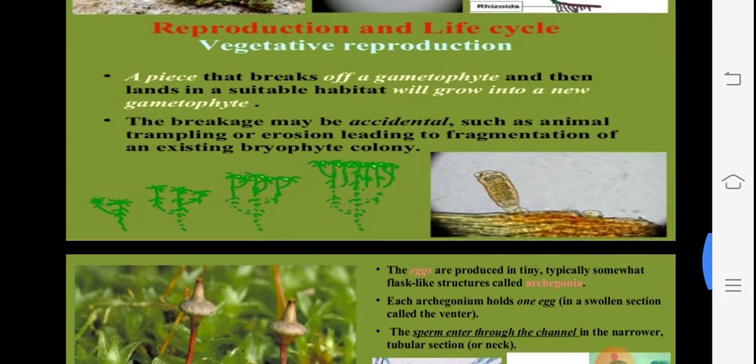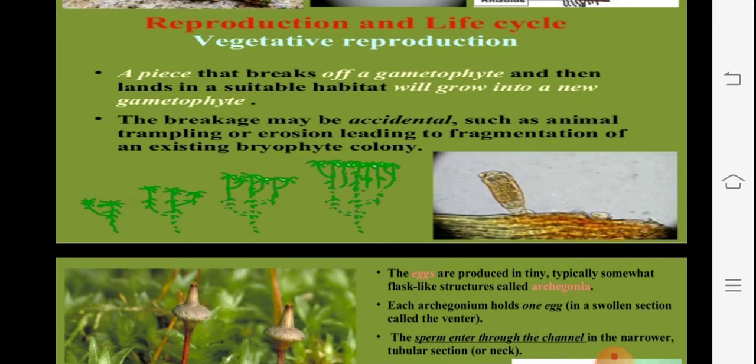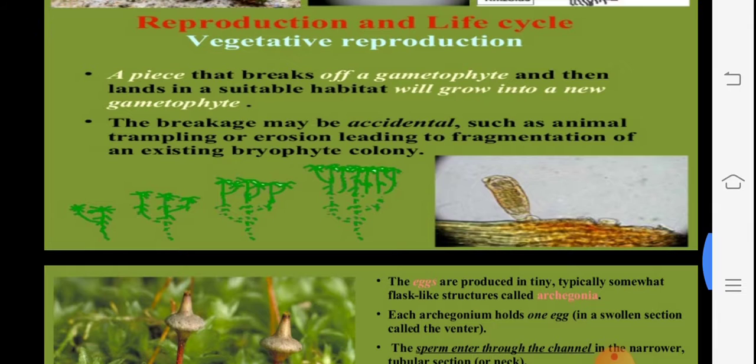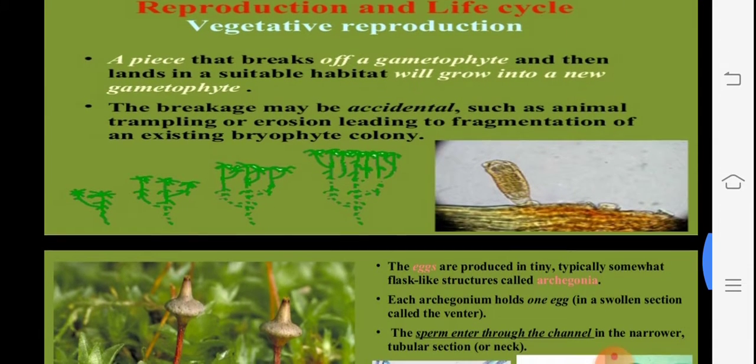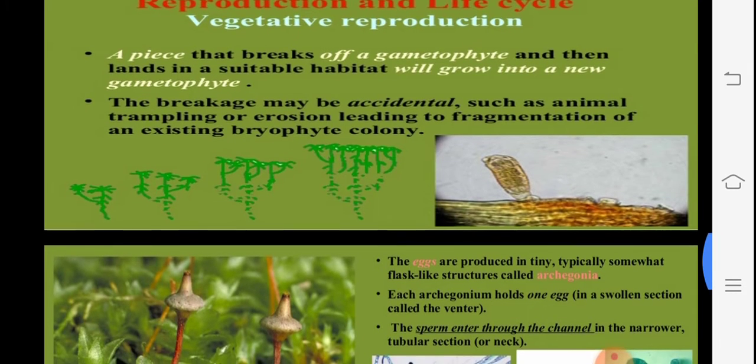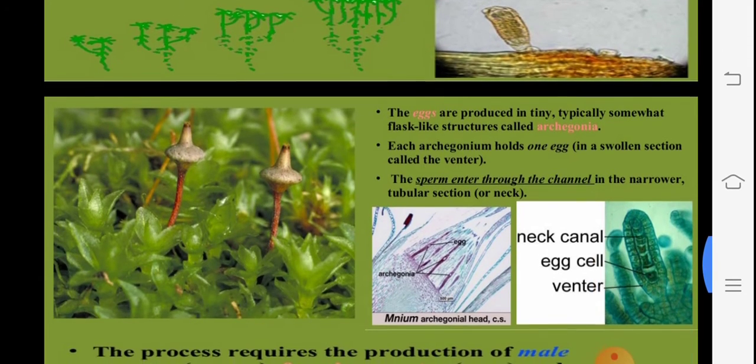Here I have selected this slide. As you are observing, there is a piece of a certain gametophyte, and it grows into a new gametophyte under certain accidental conditions, due to trampling by animals or other natural calamities, but still they show development.